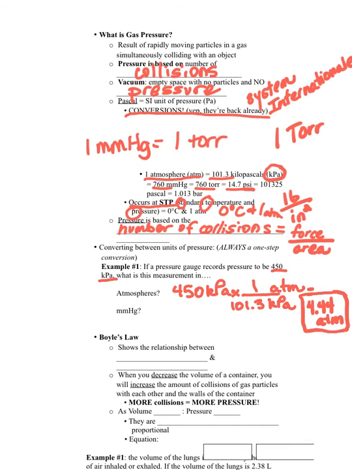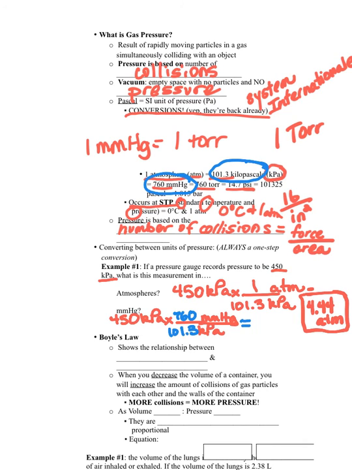We're doing the same problem, 450 kPa, but instead going to millimeters of mercury. We're going to go back up to the top. I'm going to change my colors here, and I'm going to find the equivalent kilopascals in millimeters of mercury. Neither one of those is 1, so that means I have to put the 101.3 kPa on the bottom, and it's equivalent to 760 millimeters of mercury.